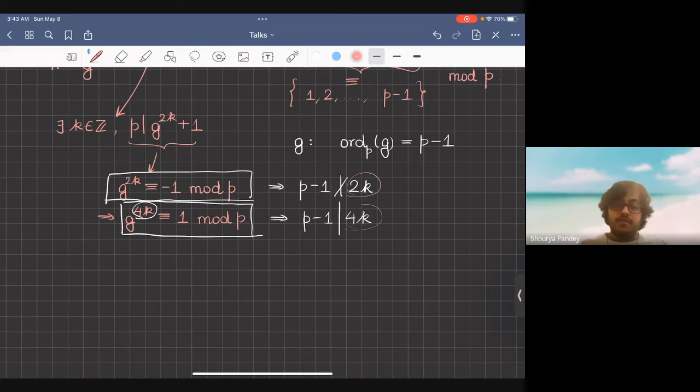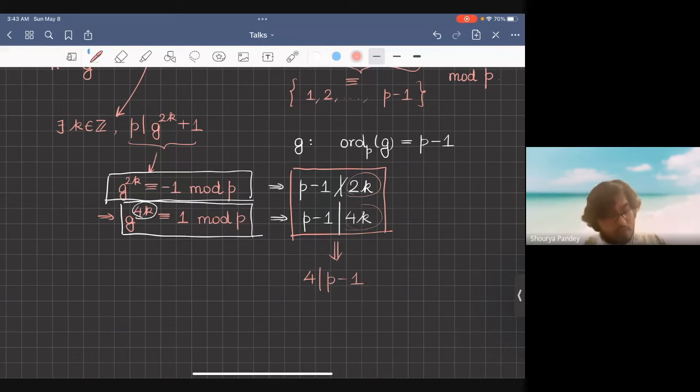p minus 1 is a multiple of 4. Yes, exactly. From these two statements, we can say that p minus 1 is a multiple of 4. Does everyone see why? Let me know if you don't.